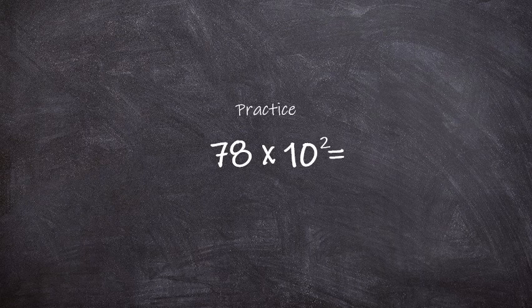Great. So we have 78, and we have an exponent that is 2. So we're going to put 2 zeros at the end of 78, which will give us the answer of 7,800. If you got 7,800, congratulations, you are correct.